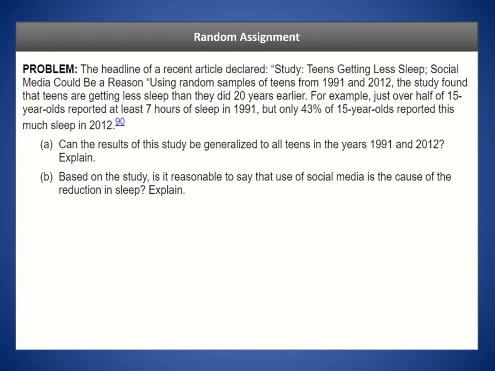So they said that they used random samples of teens from 1991 and from 2012. So can they generalize this to all teens? And the answer is yes, technically they can, because they used random samples. The idea is that if they randomize the samples of teens and then analyze the data, then they can generalize it.